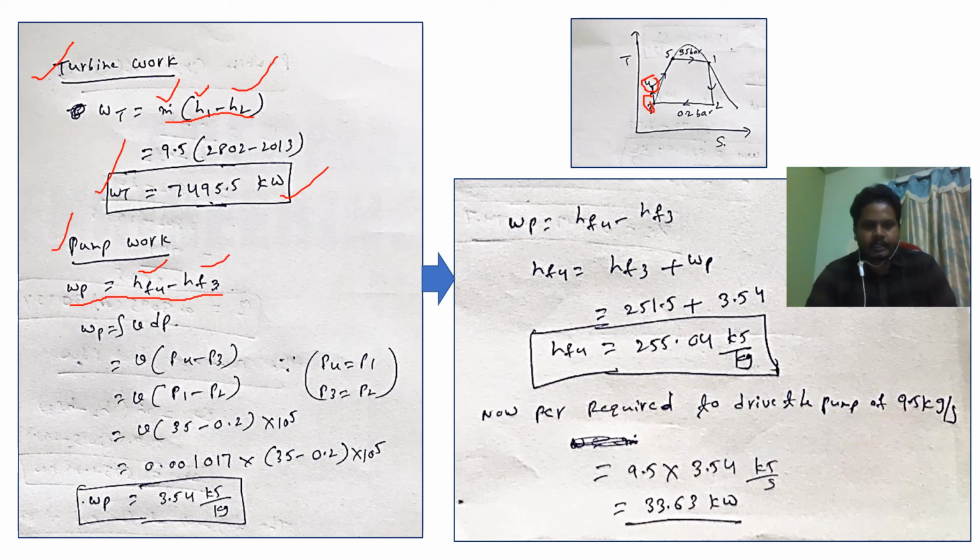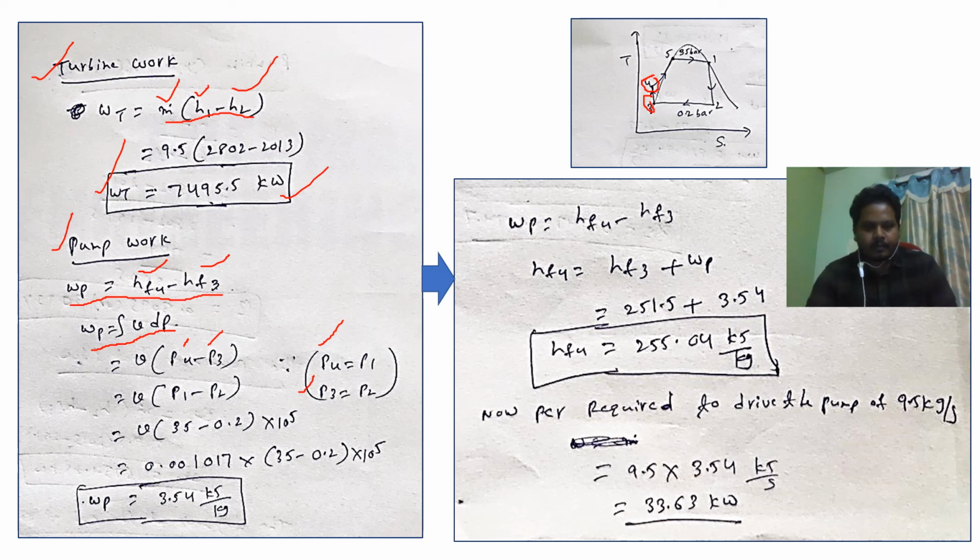And also we can write the work done on the pump equals the integral of v dP, because here it is a constant volume process, that we can write as v into (P4 minus P3). Since on the TS diagram the process 3 to 4 is the pump work, this we can write as v into (P1 minus P2), because P4 equals P1 and P3 equals P2 on the TS diagram.